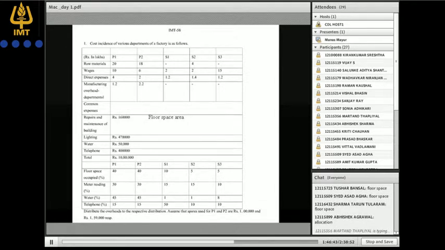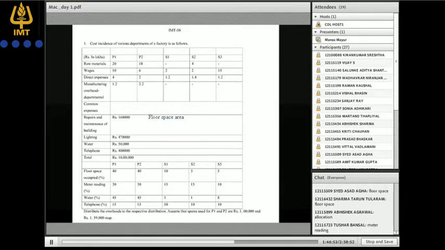Then what about lighting? So lighting should be on meter reading, right?